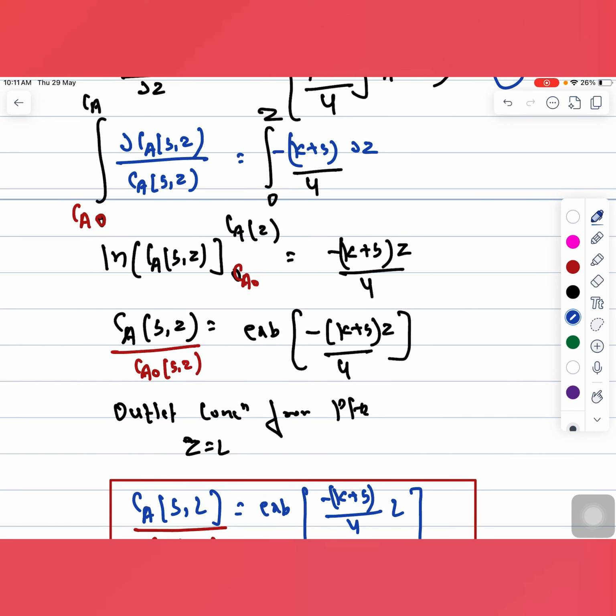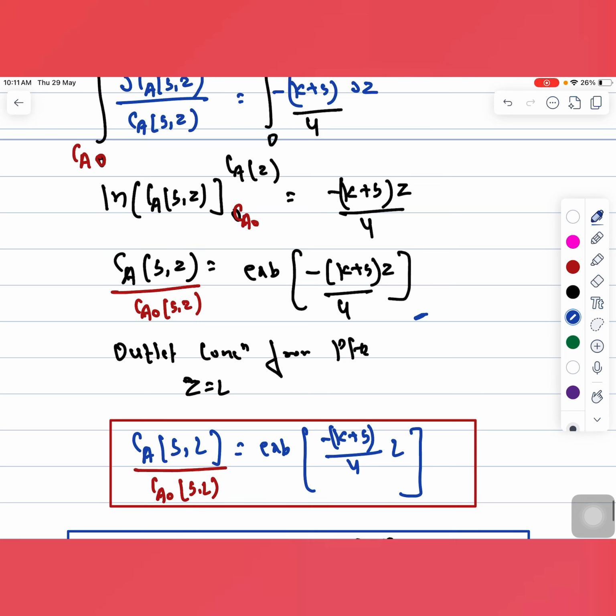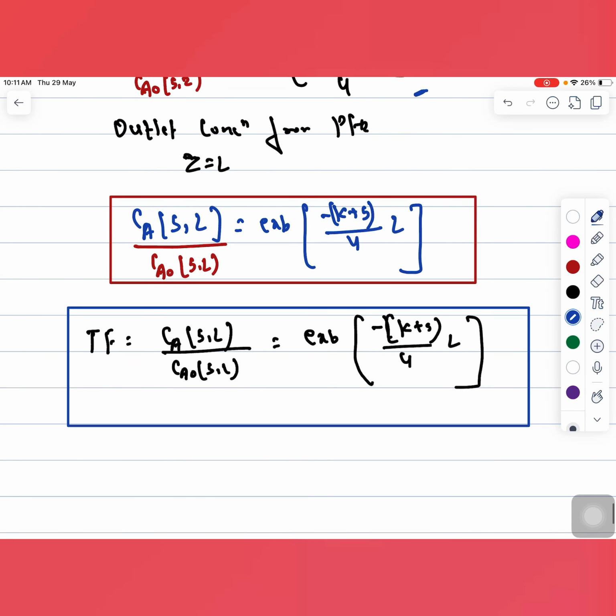If you want, you can convert this into the T domain also, because there is an exponential and then this term will be there. CA naught is the input, so this one is your input. What kind of input are you giving to the plug flow reactor at the inlet? Based on that input, you have to take the Laplace inverse for CA at s L, where CA is in the S domain now, so it will get converted into the T domain.